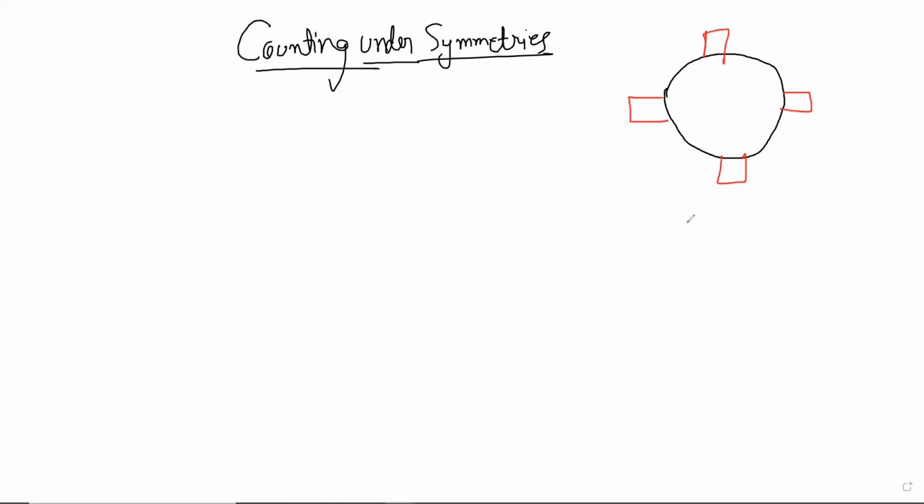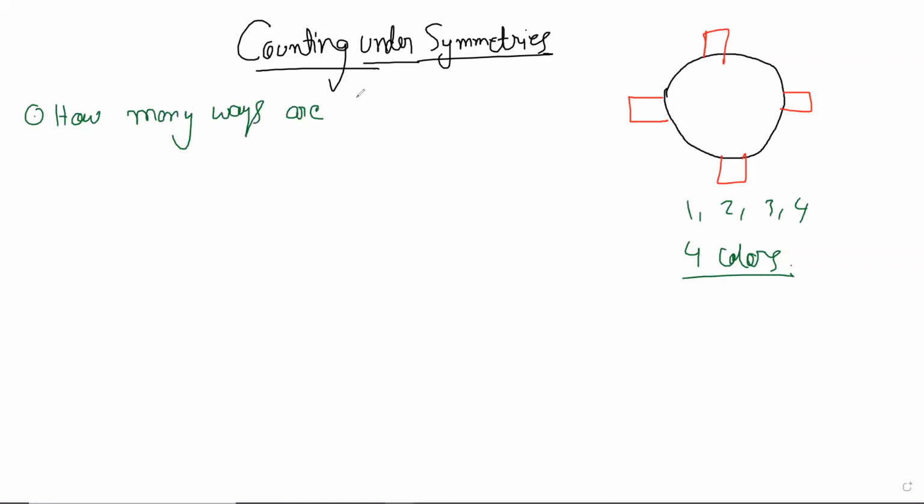Let's say we have four colors: one, two, three, four. The question is, how many ways are there to color the four seats?